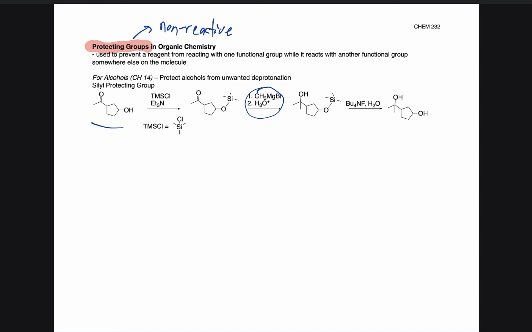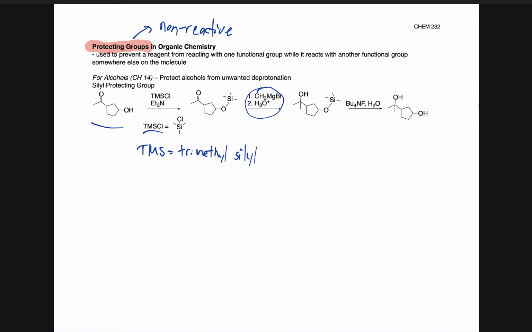So how do we do that with alcohols? Let's say we have our alcohol, our OH group down there. Something we can do is react it with this group here called TMS chloride. TMS stands for trimethylsilyl.